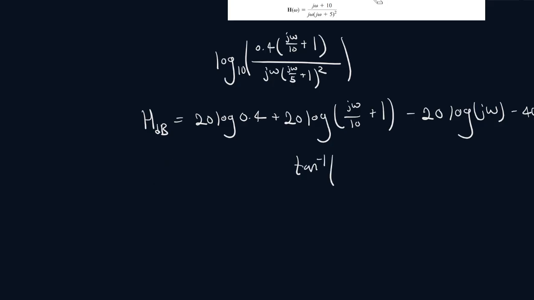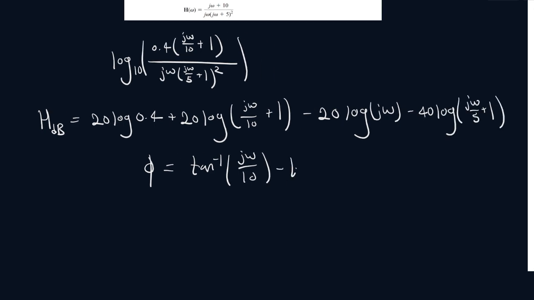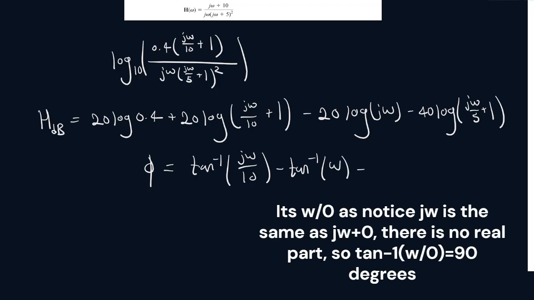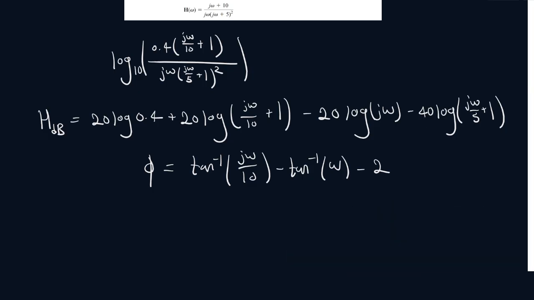There. jω over 10 over 1, minus tan inverse of ω over 1. This one is going to be minus 2 because we have a 40. So minus 40 divided by 20, that's minus 2. Tan inverse of the imaginary part over the real part: ω over 5 over 1.